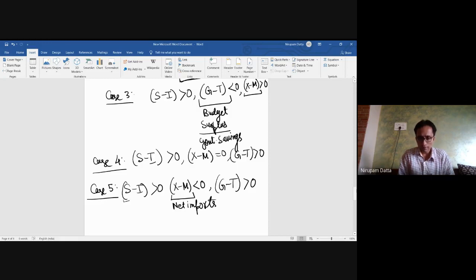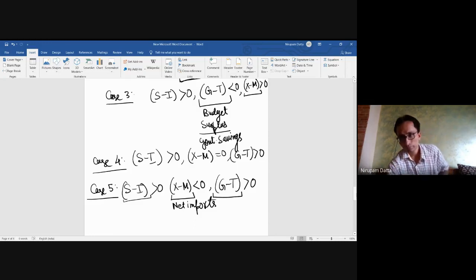But still savings is greater. S minus I is greater than 0. That means after borrowing from the rest of the world to buy the rest of the world's goods, the excess domestic savings that has been generated is used to finance this budget deficit.